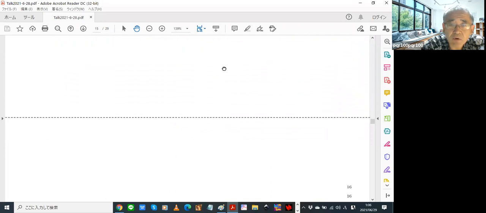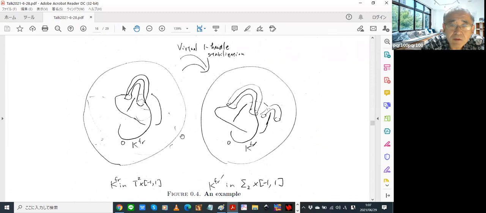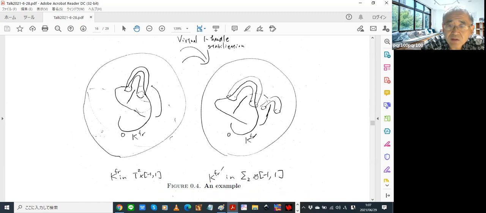I show an example. A torus and a framed knot represent a three manifold. Virtual stabilization equivalence, sorry, stabilization. We get a cross-oriented surface with genus 2.